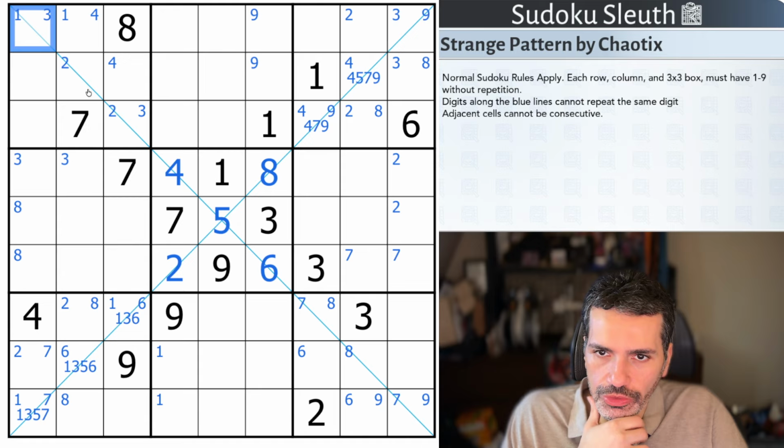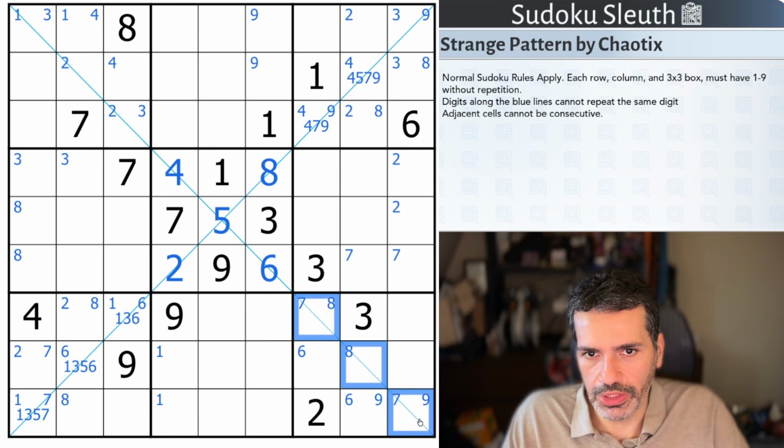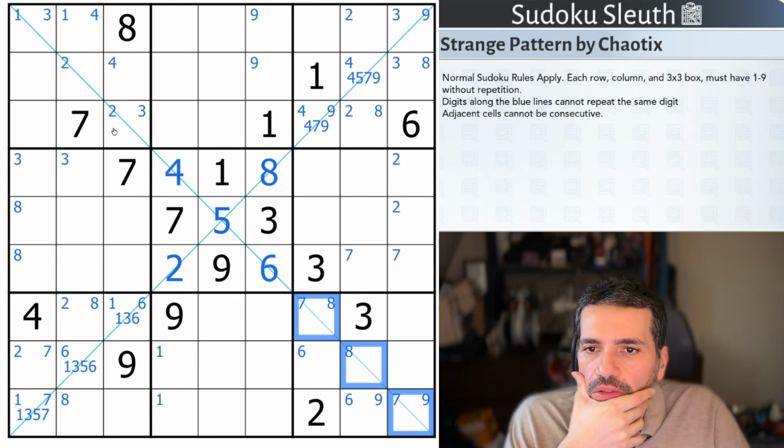If the 1 isn't on this diagonal at the top, well, it's not here. I mean, it would have to be in one of these 2 slots. Where there's already 7 and 8, so it would have to be 1, 7, and 8 is in here. And then the 9 is up there.